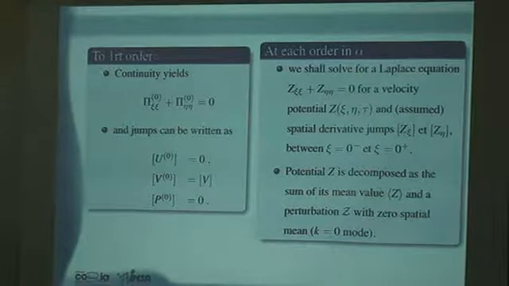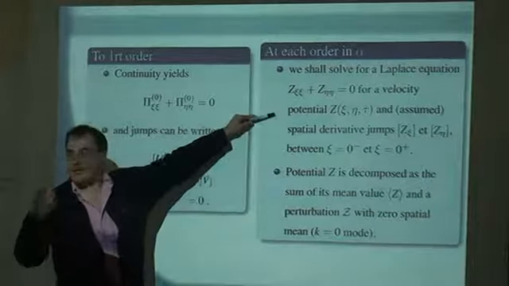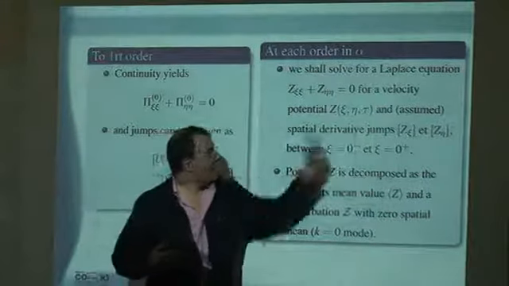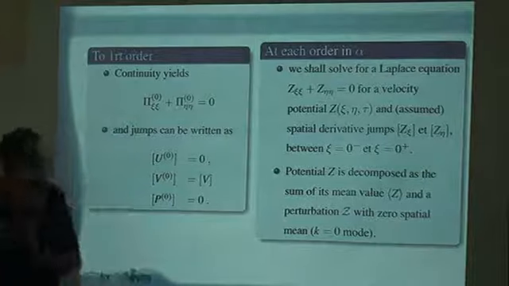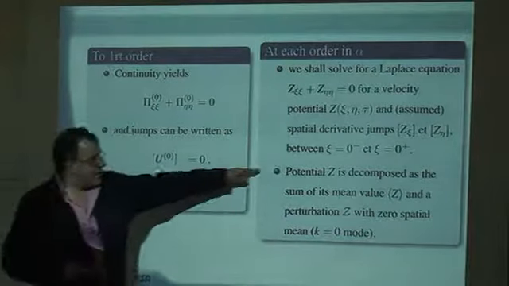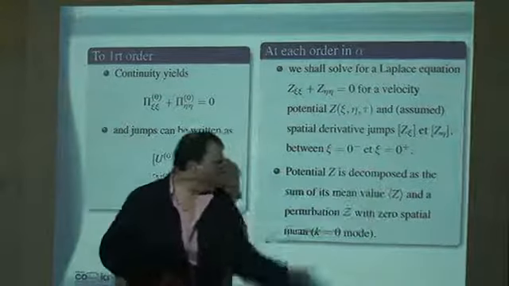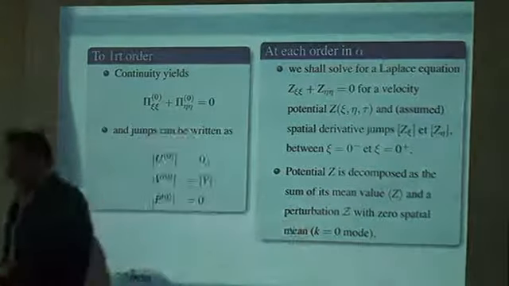At each order, we shall have to solve a Laplace equation for a velocity potential, which is the unknown, and some assumed spatial derivative jumps. The potential can be decomposed as the sum of its mean value and of a perturbation value.